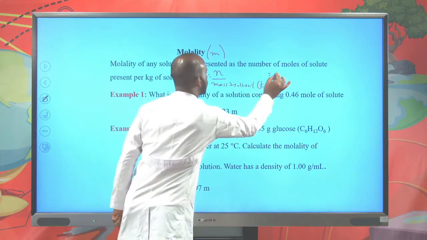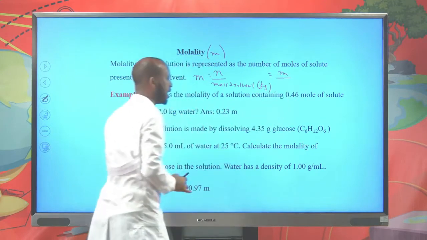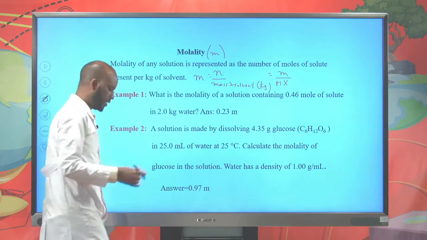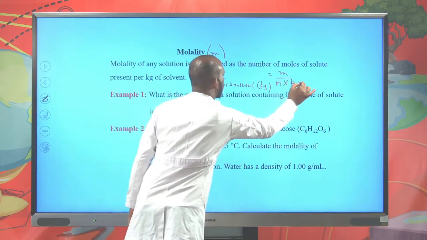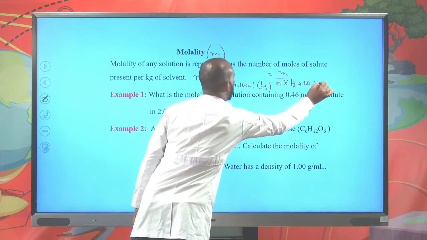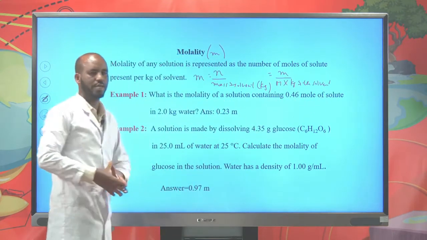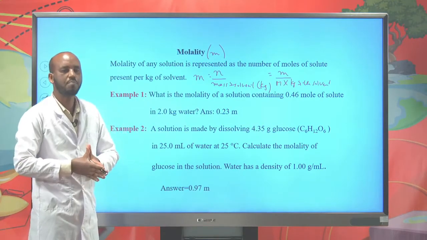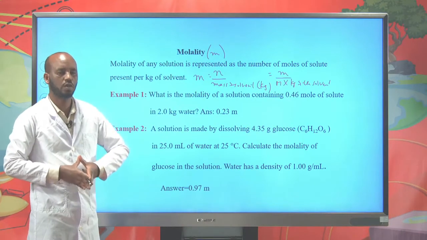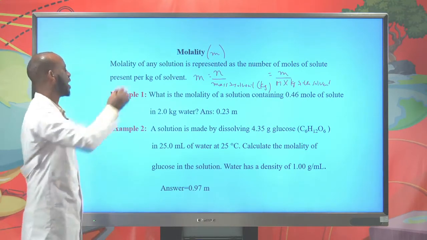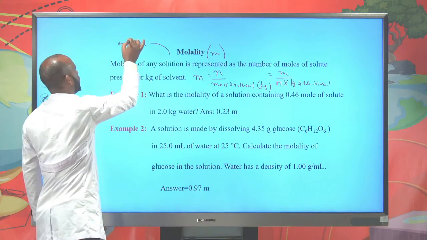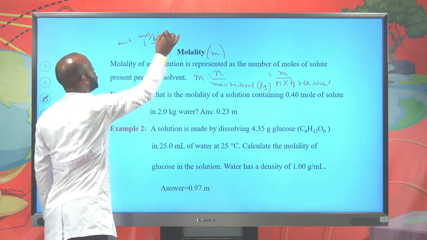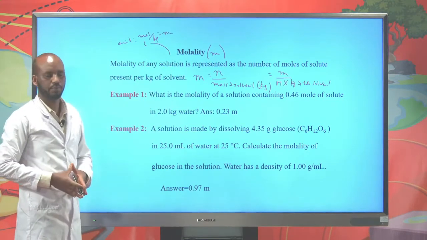Number of moles of solute is mass of solute divided by molar mass of the solute. The units of molality is mole per kg, which is known as molal, small m.